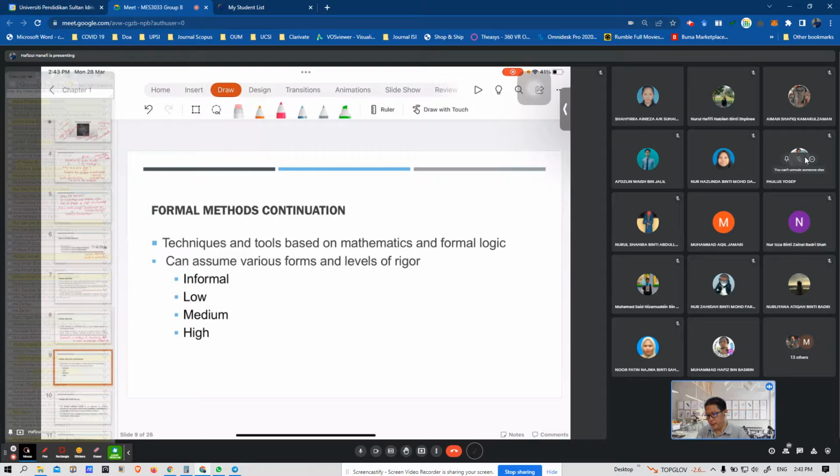Okay, so far ada soalannya? Formal method ni banyak kita belajar tentang semantic and abstraction. This one is basically we use the modeling language.